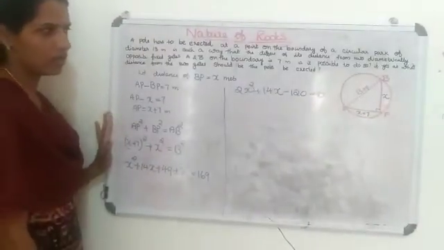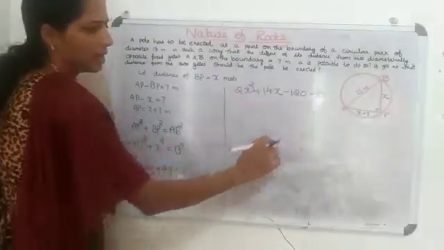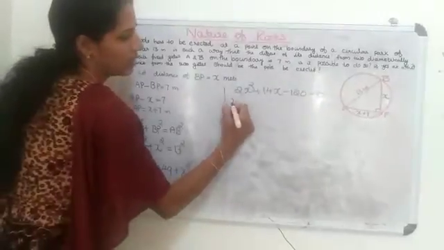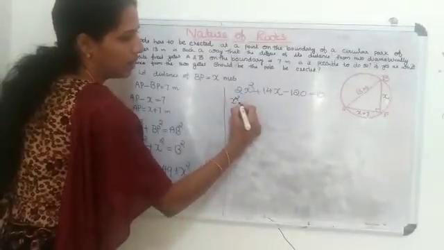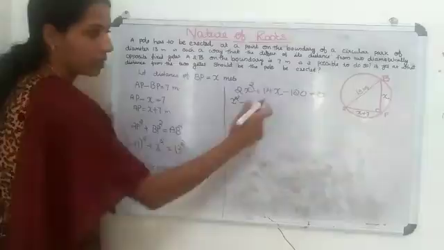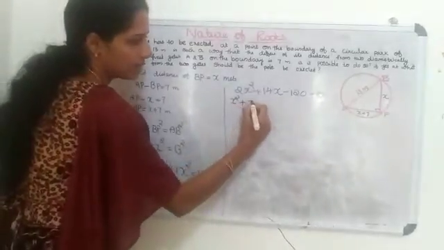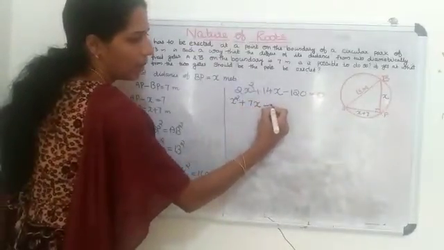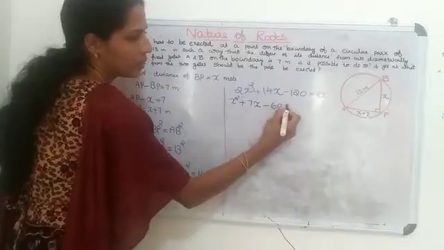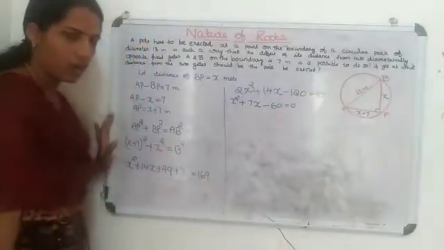Now divide the entire equation by 2. x square plus 7x minus 60 equal to 0.